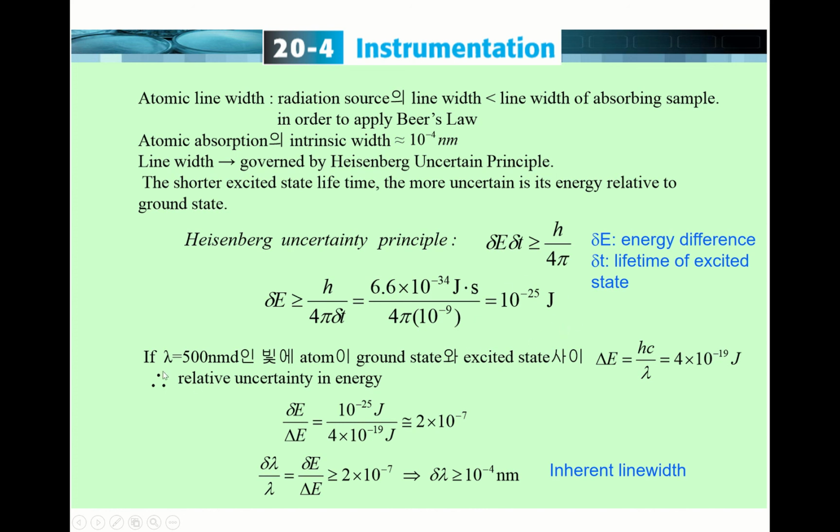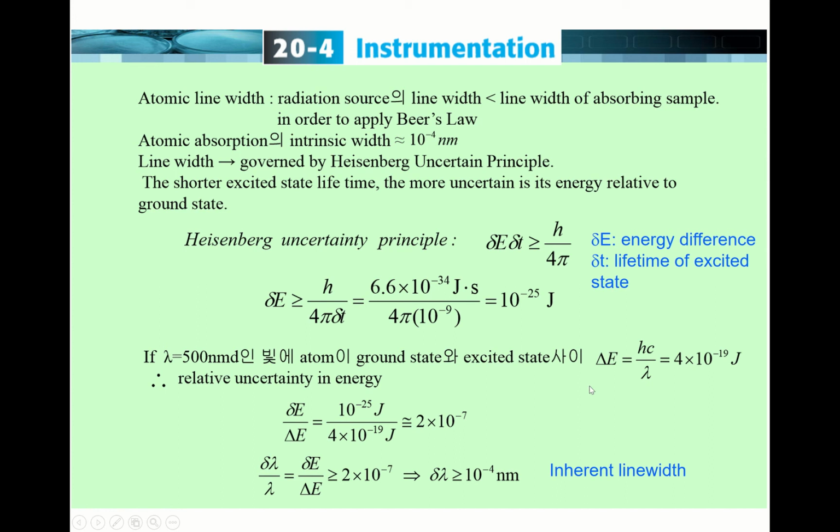If the wavelength is 500 nanometers, that corresponds to the energy difference between the ground state and the excited state. Then we can easily get the energy difference using the Planck equation.